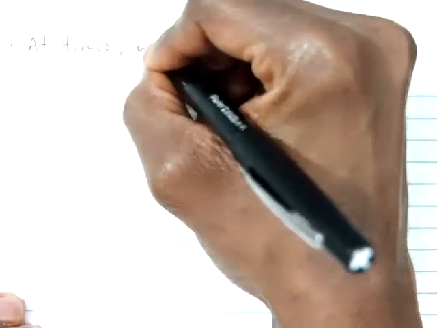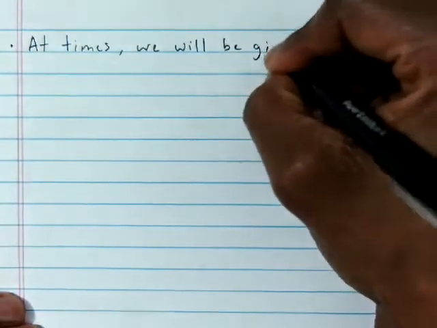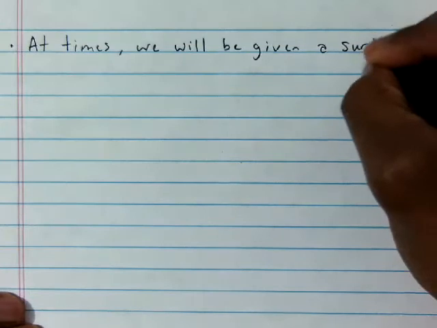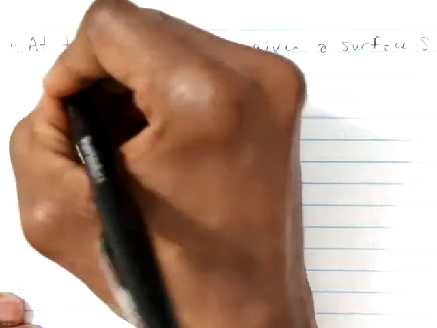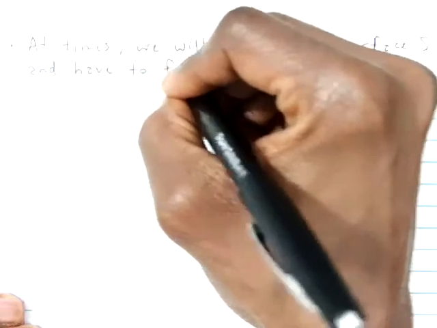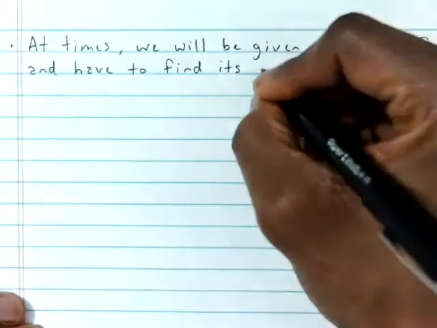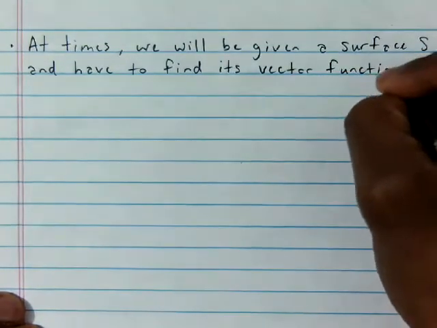All right, we're going to continue with section 14.9. So at times, we will be given a surface S and have to find its vector function, r of u, v.